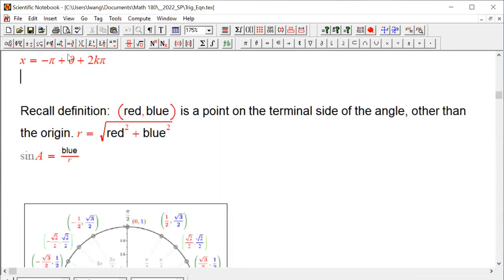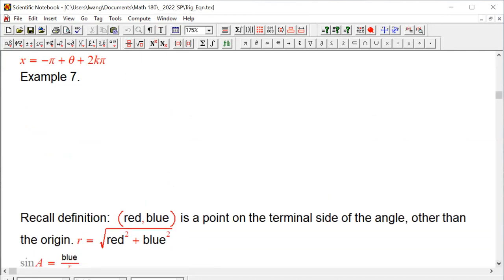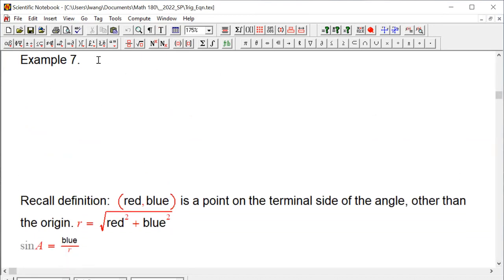Example number 7 is solve for x. Here you have sine squared x minus sine x minus 2 equals to 0.